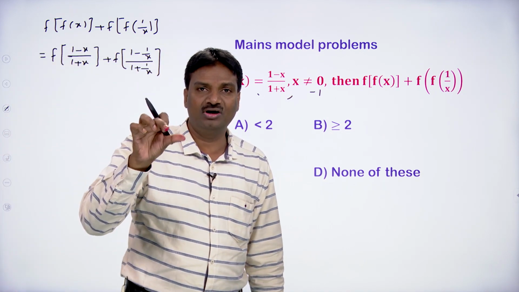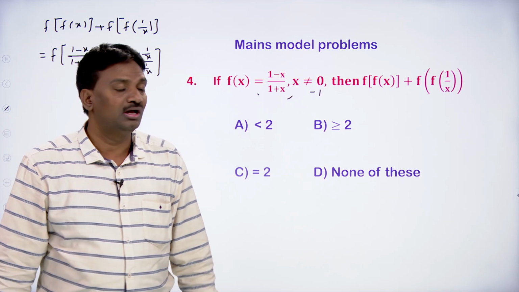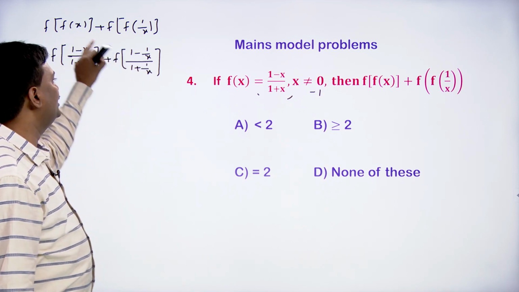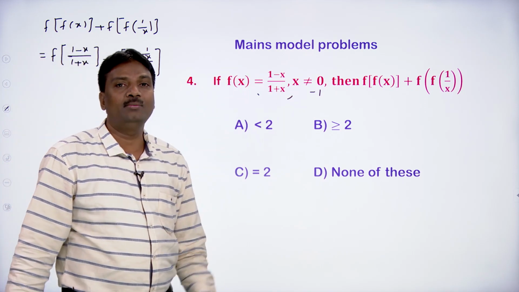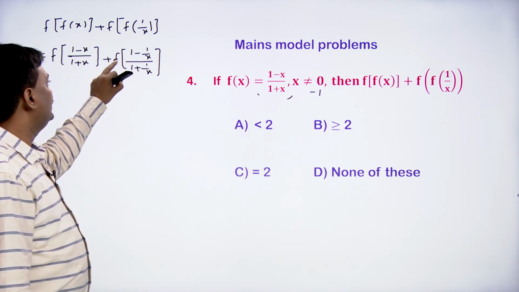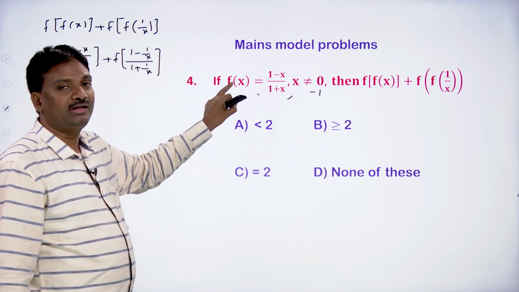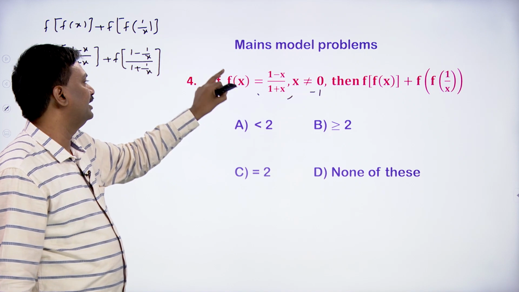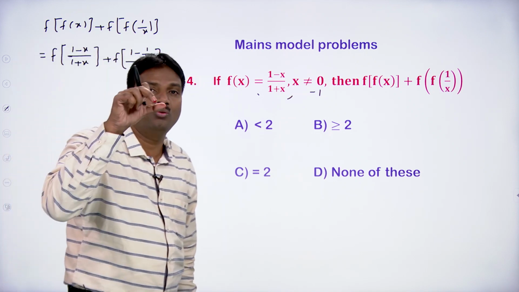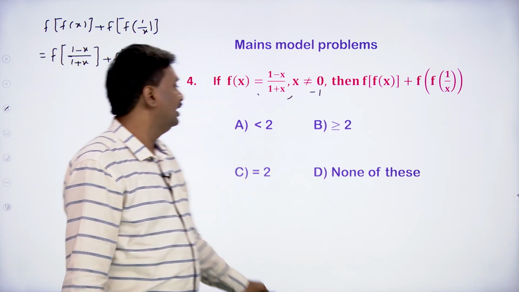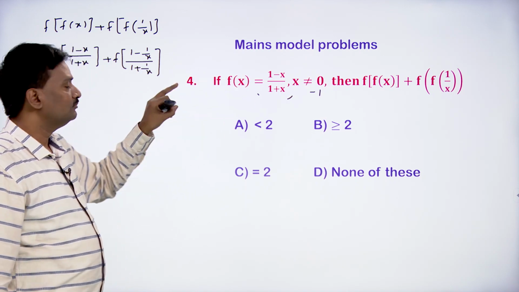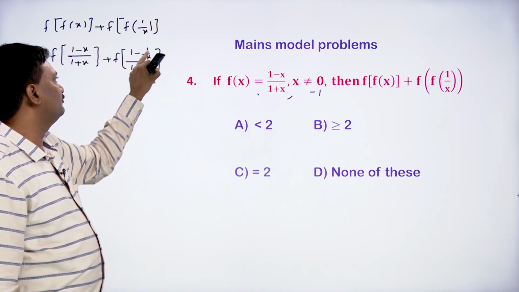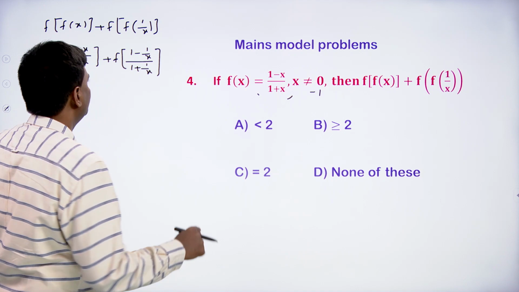So f of x plus f of 1 by x. In place of f of x we can write 1 minus x by 1 plus x. For f of 1 by x, if we compare f of x and f of 1 by x, in place of x we have 1 by x. So by writing 1 by x in place of x, you will get 1 minus 1 by x by 1 plus 1 by x.